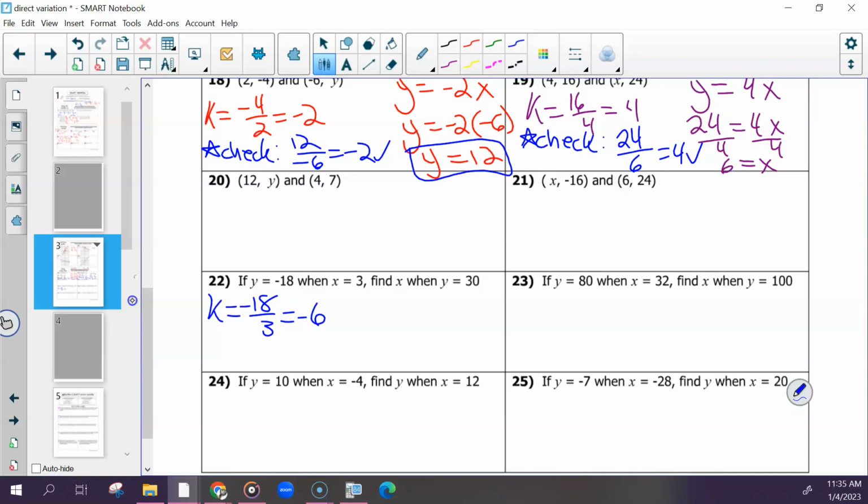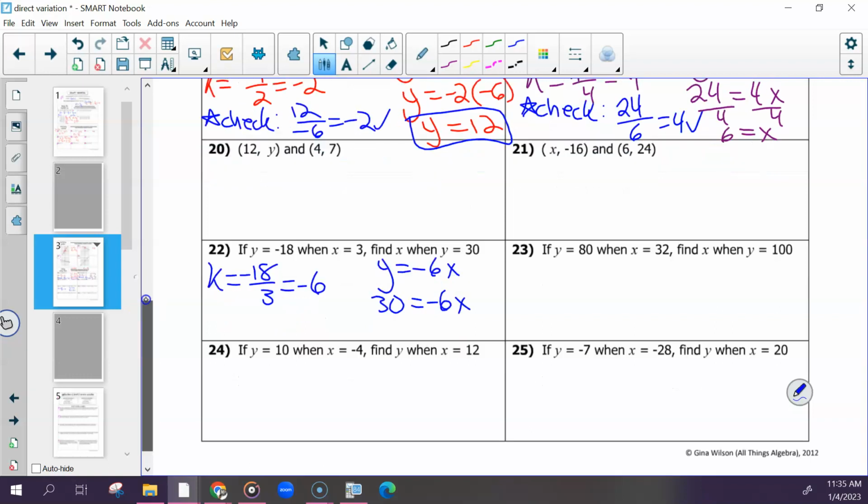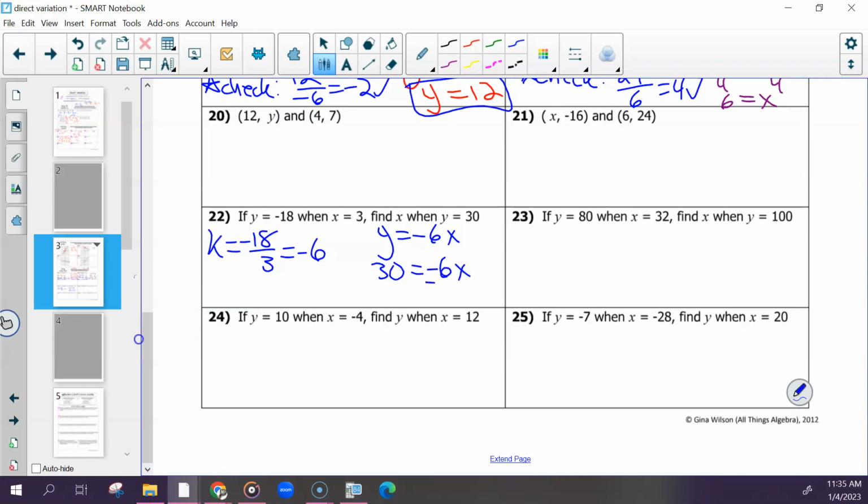Take that number, put it into the equation. Then look at the second part. Find x when y equals 30. So we know y, we don't know x, put 30 in for y. Solve for x. Divide both sides by negative 6 so that x equals negative 5.